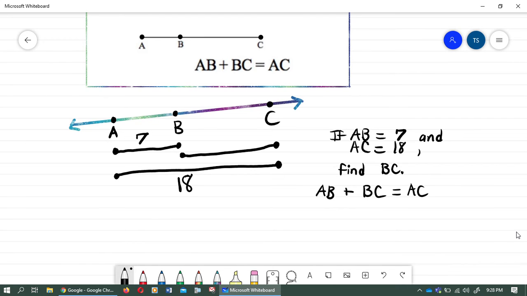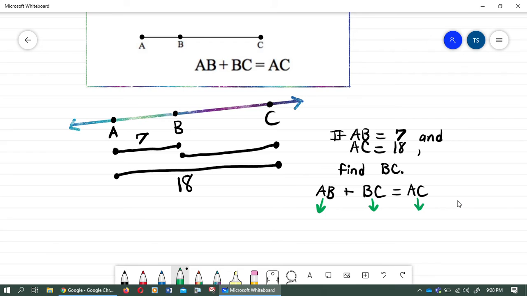And here, when you just have numeric values, this is pretty self-explanatory.